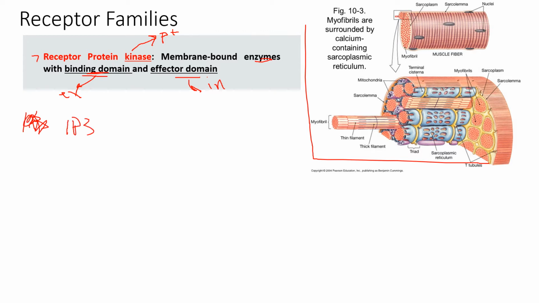Now, IP3 can be produced by the cleavage of PIP2. And how this happens is that this is catalyzed by phospholipase C. So I'll just call that PLC. And the cleavage of PIP2 by phospholipase C becomes IP3 and DAG.